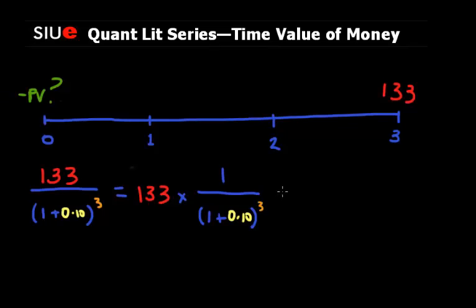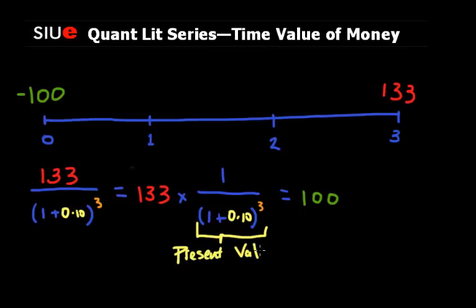And if you do all this math, no big surprise, you get 100, and your mystery present value over here is $100. And this factor right here, which was the future value factor when we used it to calculate the future value, is now the present value factor.